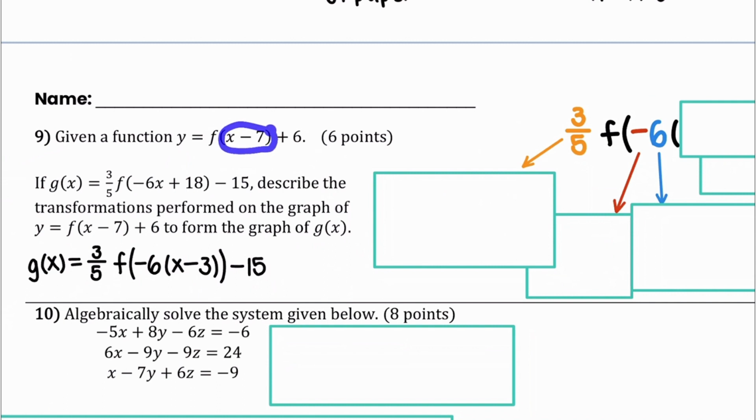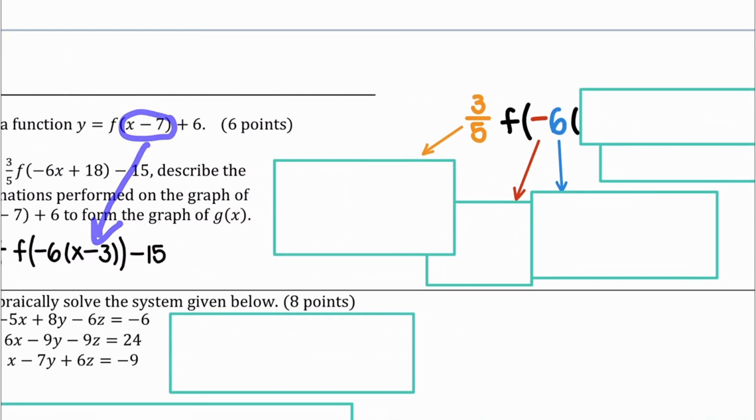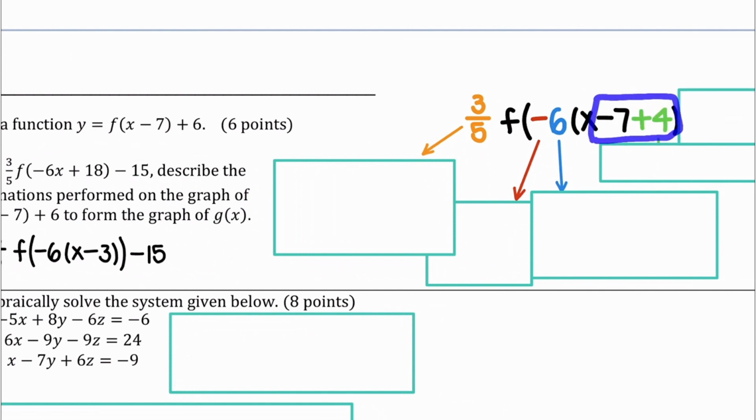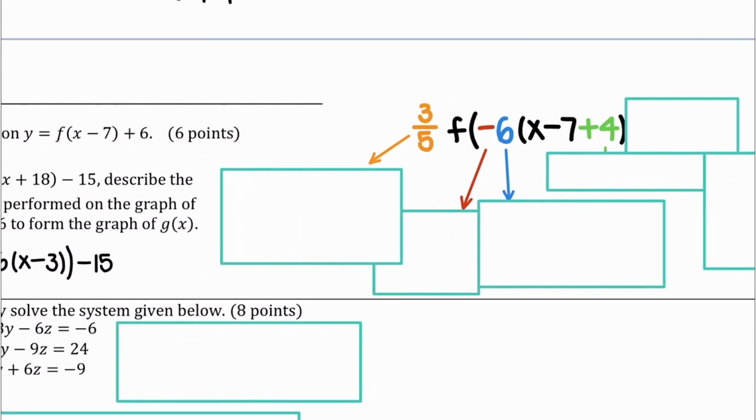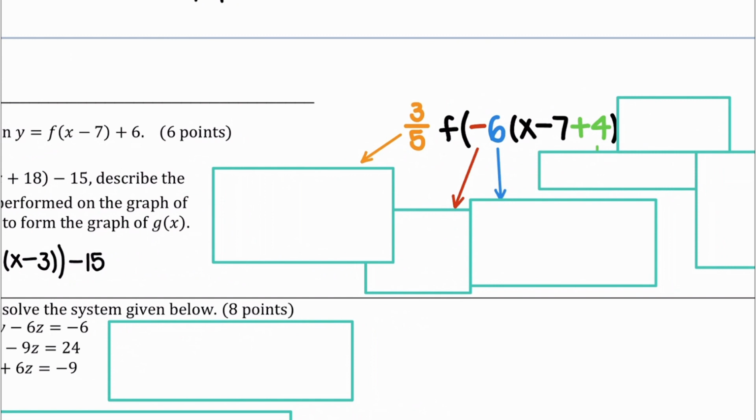Now we have to ask ourselves, how do we go from x minus 7 to x minus 3? We have to add 4, because negative 7 plus 4 gives us negative 3, exactly what we want. The last move is the same idea. If the original is plus 6, how do we go from plus 6 to minus 15?